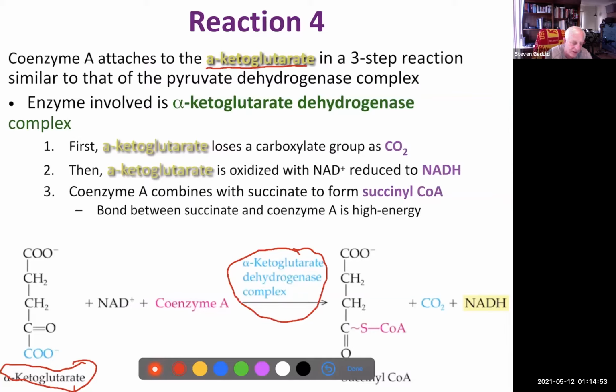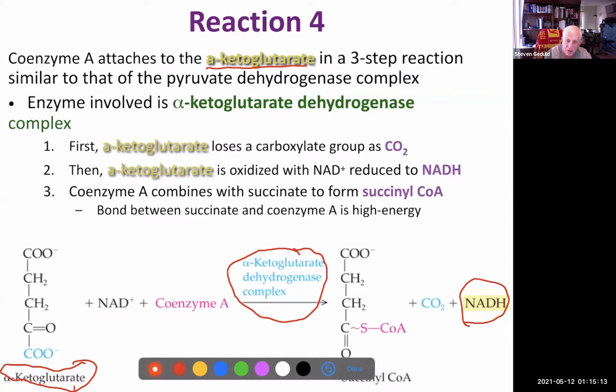Okay. Alpha ketoglutarate is then oxidized with NAD plus being reduced to NADH. Again, we're forming more NADH, which is going to form more ATP. Coenzyme A combines with the succinate, okay, to form succinyl coenzyme A.